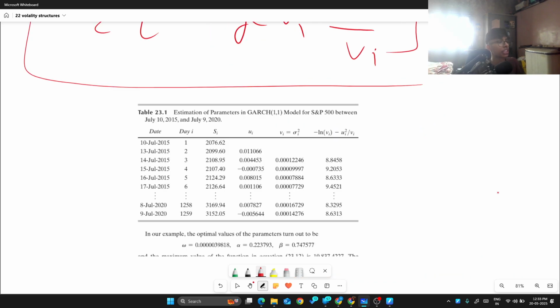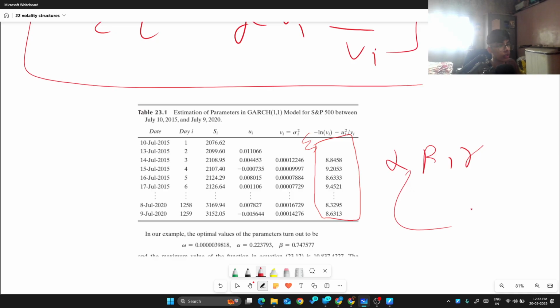We have this table in our book, and the whole objective of this table is to maximize this value. So we will choose alpha, beta and omega such that we maximize our estimation.